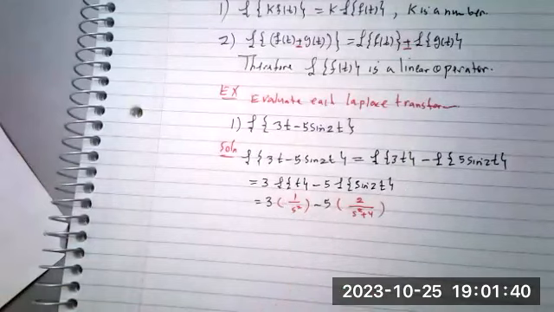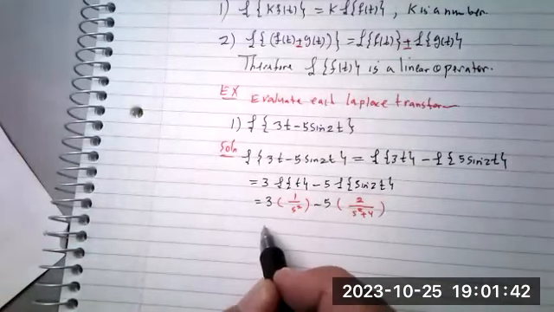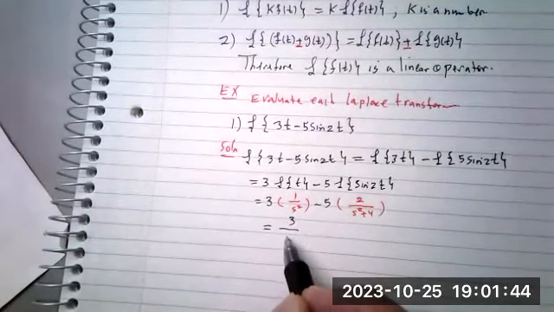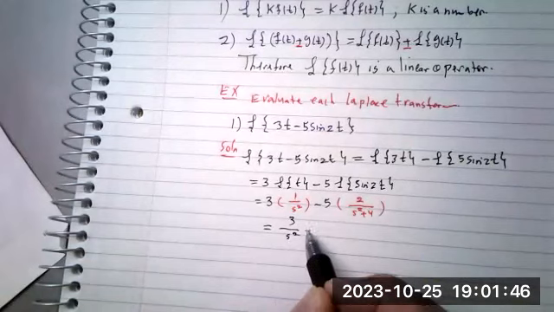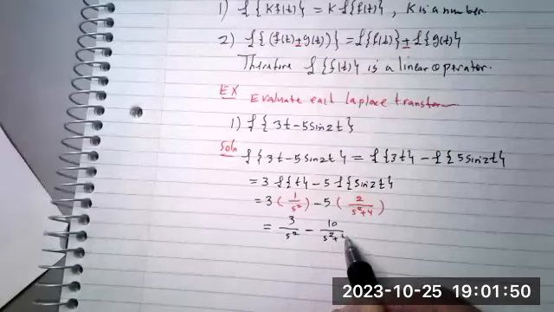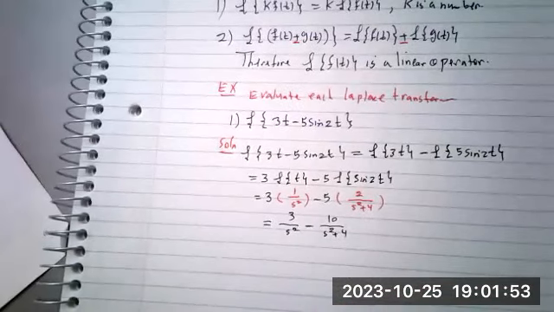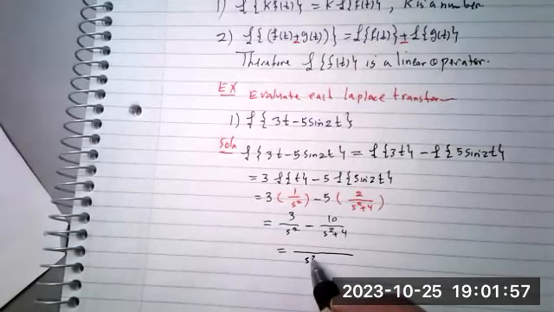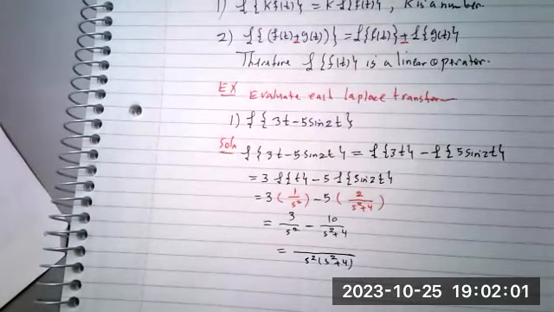So the algebra is going to be equal to, you get 3 over s squared here, minus 5 times 2, which is 10, over s squared plus 4. You find the common denominator, which is going to be s squared times s squared plus 4. Top, cross multiply: 3 times s squared plus 4 minus 10 s squared.